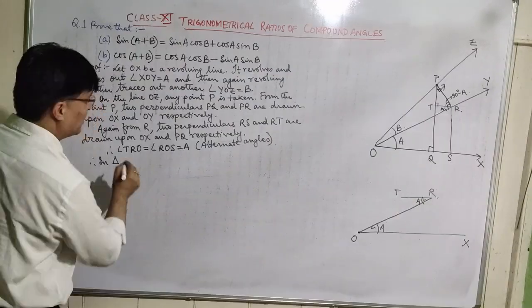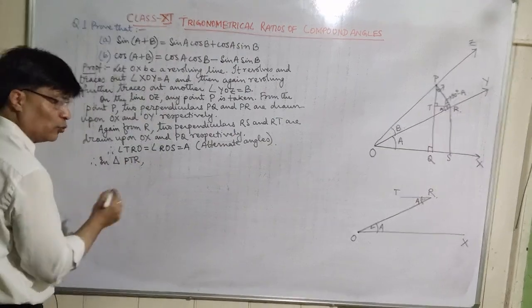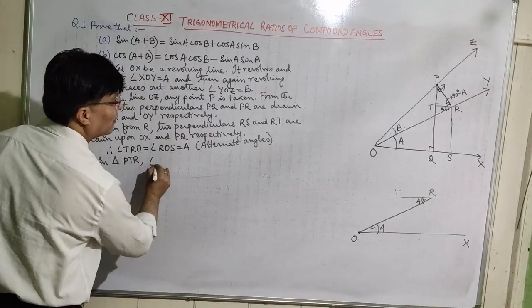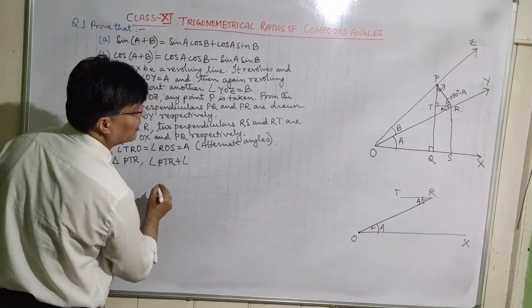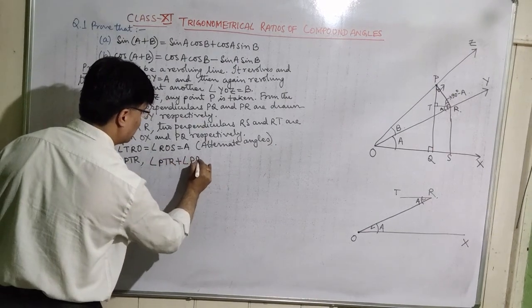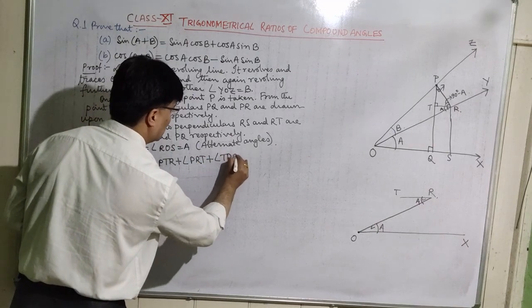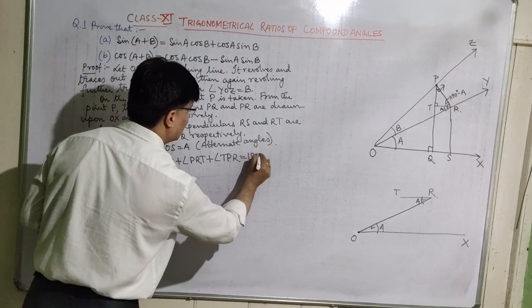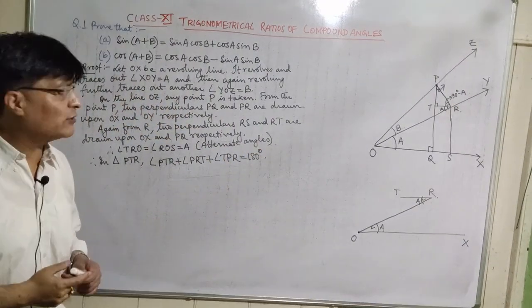in triangle PTR, we have angle PTR plus angle PRT plus angle TPR is equal to 180 degree, isn't it? That is, sum of the three angles of a triangle is 180 degree.